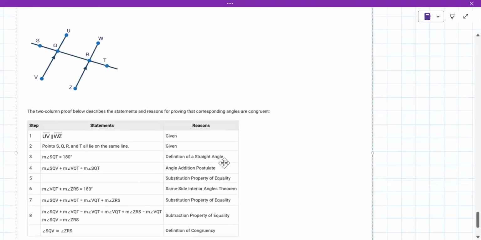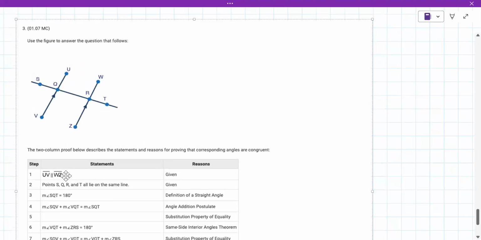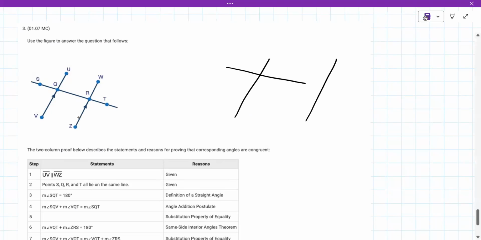But all right, UV is parallel to WZ. So we know that these lines are parallel. And S, Q, R, and T are all on the same line.